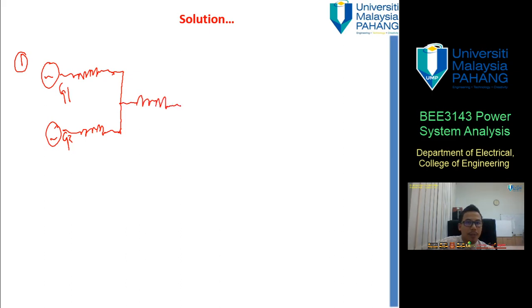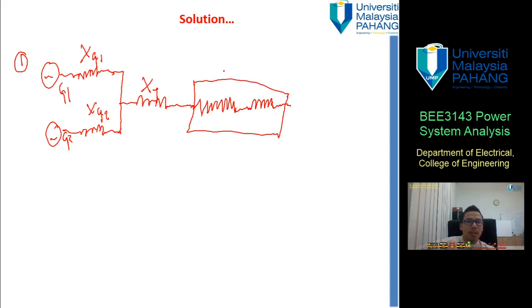Then finally we get the line impedance, where one part is the resistance and the other, the complex one, is the reactance. So we have G1 here, and G2, this is XG1, XG2, and XT, and this part is the Z PU line.